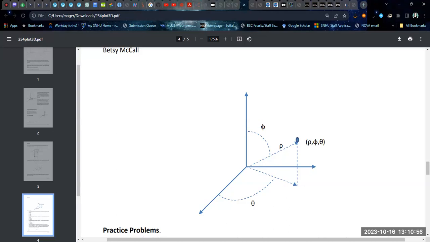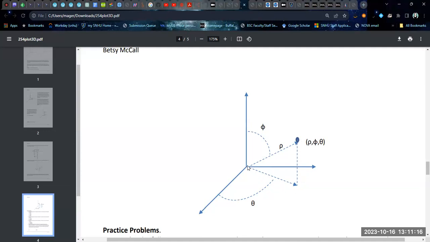And then your phi angle is the angle from your positive z-axis to where your rho vector, your rho length actually is. And then rho is the distance itself from the origin to the point in 3 dimensions.